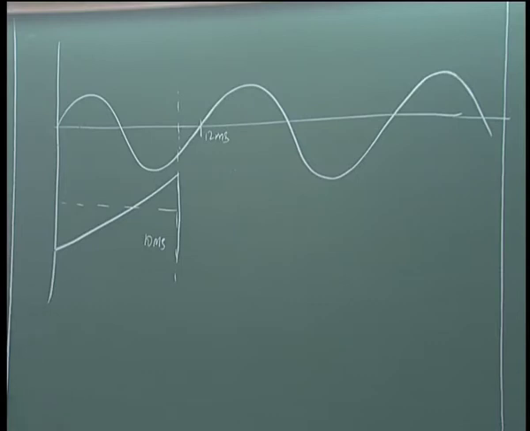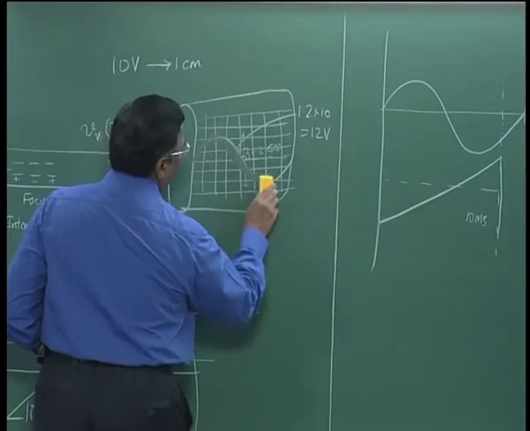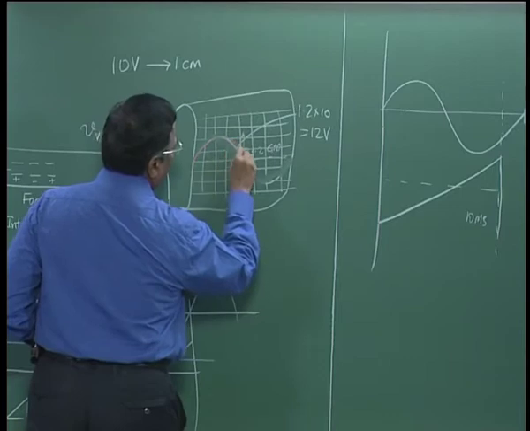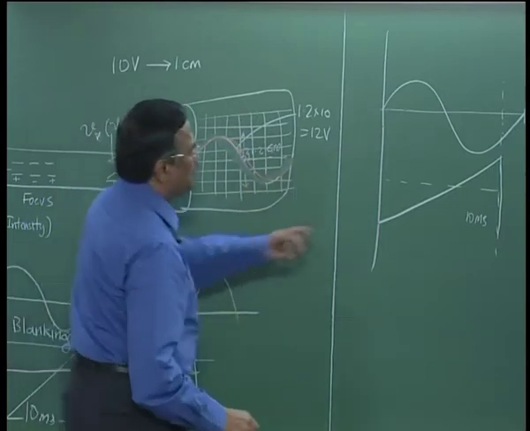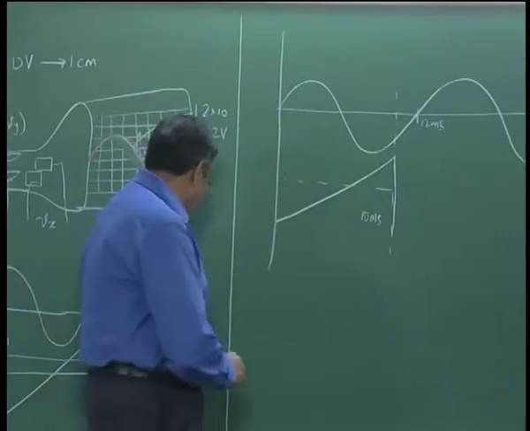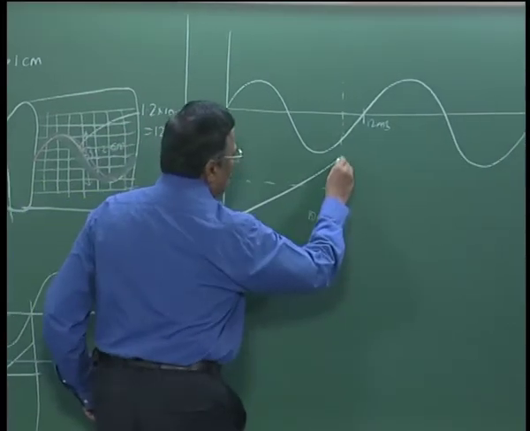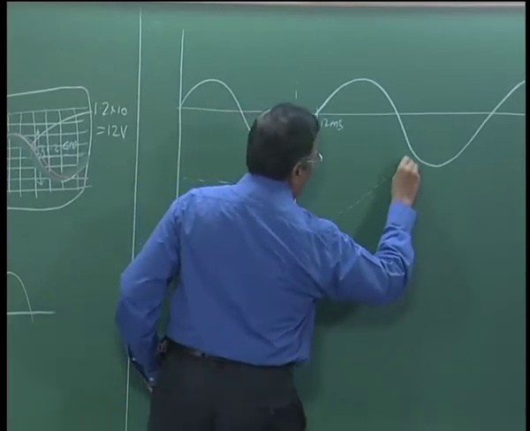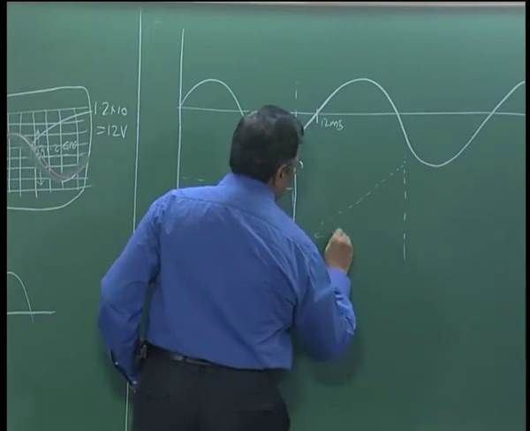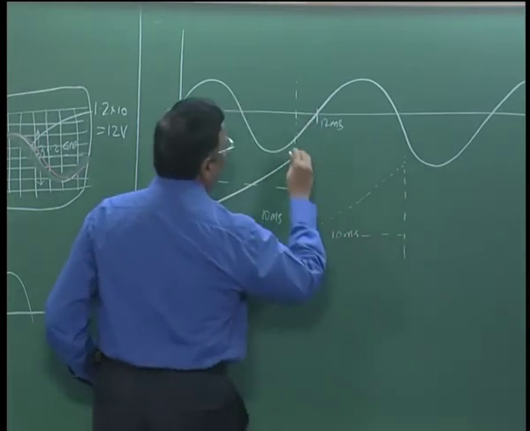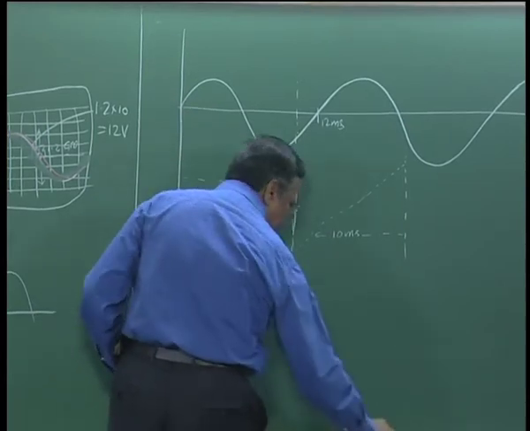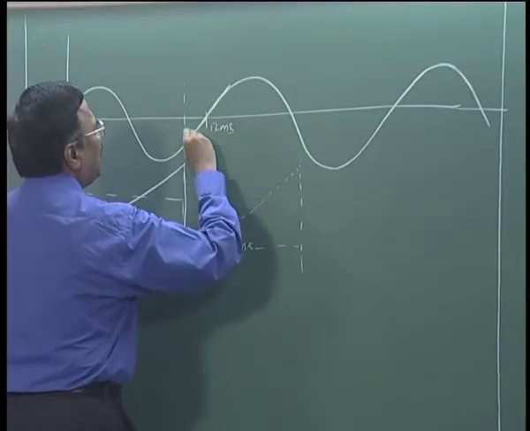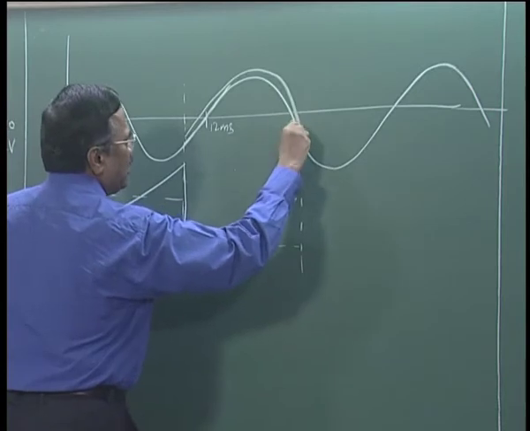So, let me draw that. I will have that would be the first waveform, right, up to this point it would be displayed. Now, if I start the sawtooth immediately for another 10 millisecond, the waveform that would be displayed would be starting from here up to here, right.